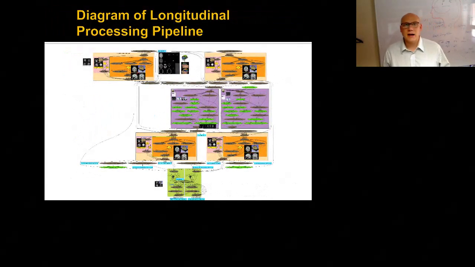This is a diagram of our longitudinal data processing pipeline. I understand you can't read this, but what you need to look at is that each of those little circles in this processing pipeline is a different software package or tool that is required to do this analysis. The arrows and lines that connect these circles are the inputs necessary to have those tools run properly.